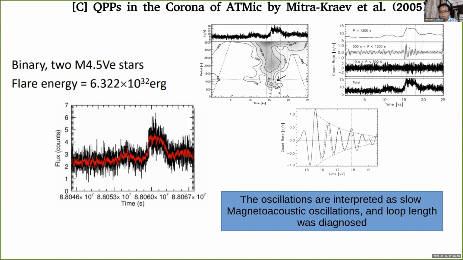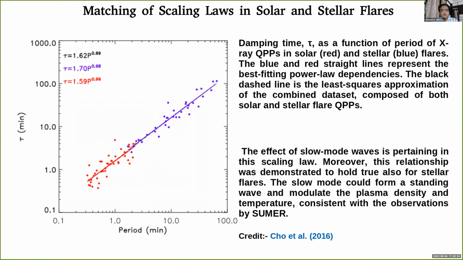She interpreted these oscillations as slow magnetoacoustic oscillations, and she could diagnose or estimate the loop length in AT Microscopii, where this flare was occurring, based on these detected wave modes. So as you can see in several examples, quasi-periodic pulsations are there in flares, and mostly they are interpreted as slow magnetoacoustic oscillations.